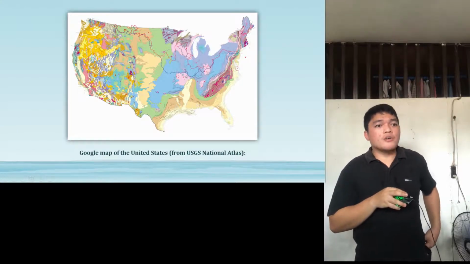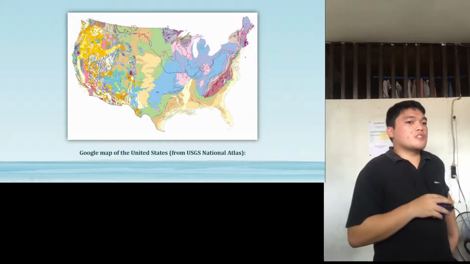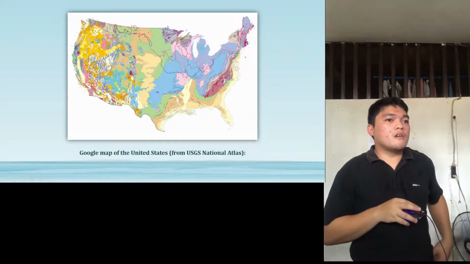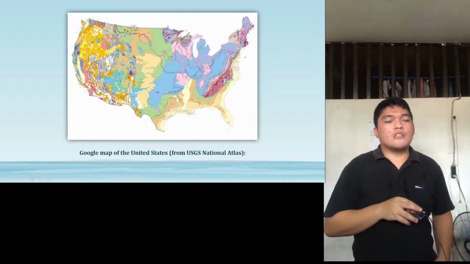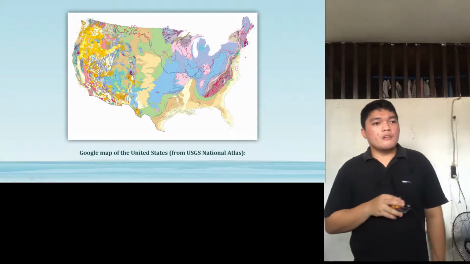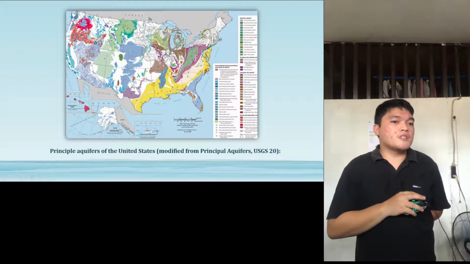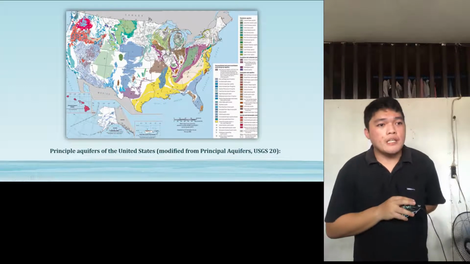Next, this is the United States map in their hydrologic cycle or hydrologic resources. The aquifers modified from principal aquifers USGS 20.